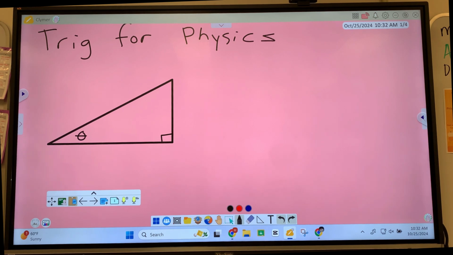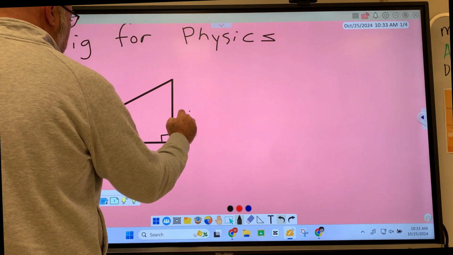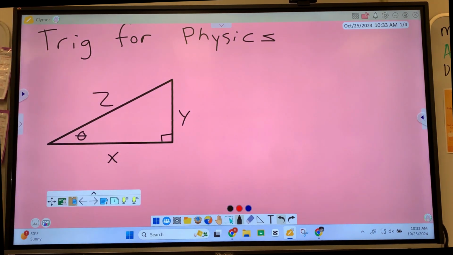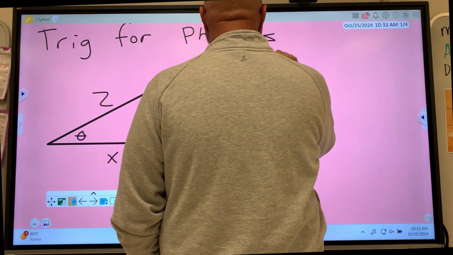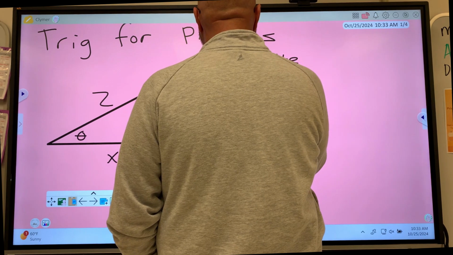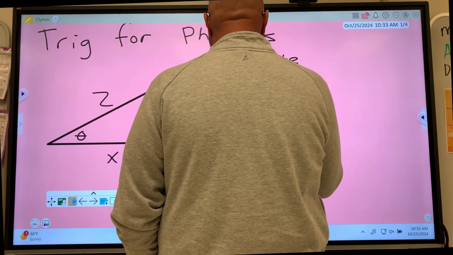And then the other part of SOHCAHTOA is describing the other sides of the triangle. In this case, I'm just going to write x, y, and z to denote the sides of the triangle. And then for the purpose of SOHCAHTOA, we describe these as the opposite, the adjacent, and the hypotenuse.